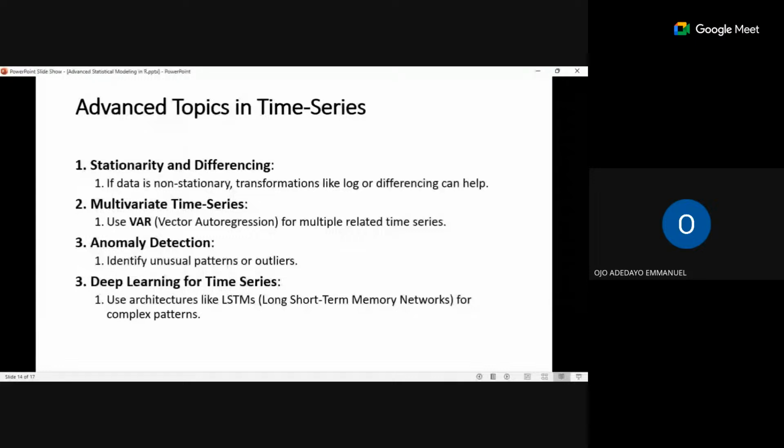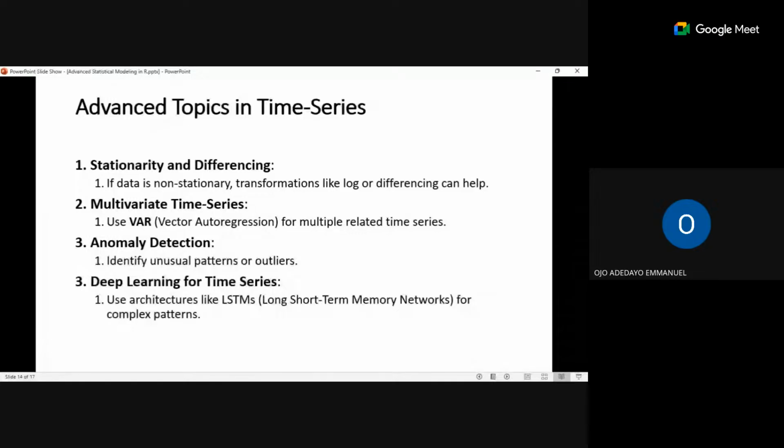So that is what we normally use. VAR, not the one that we normally use in football. So this one is vector autoregression for multiple related time series.